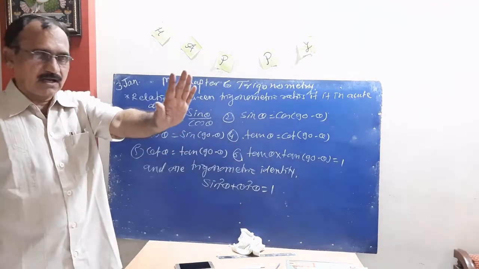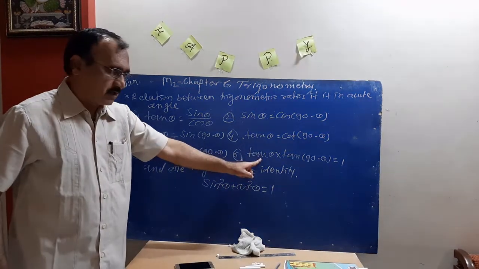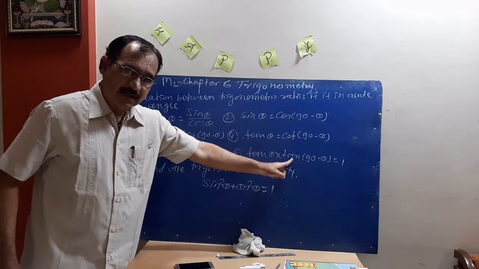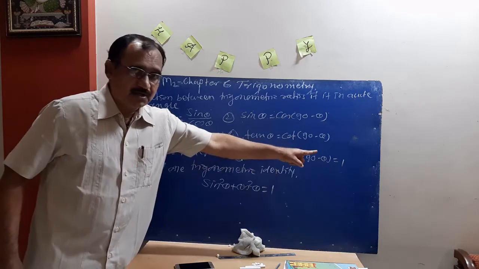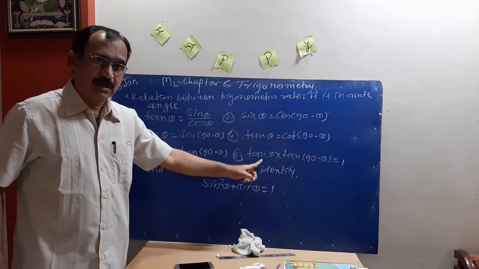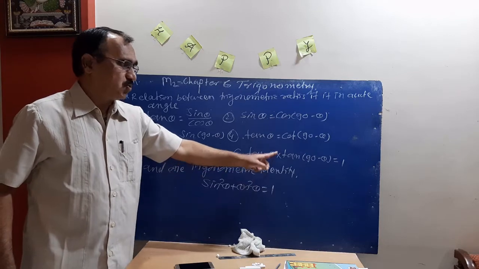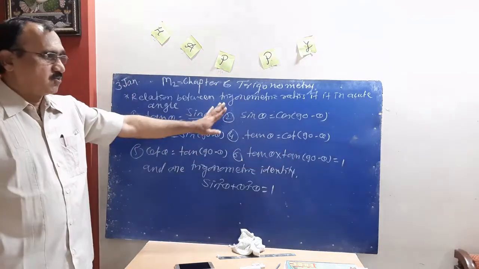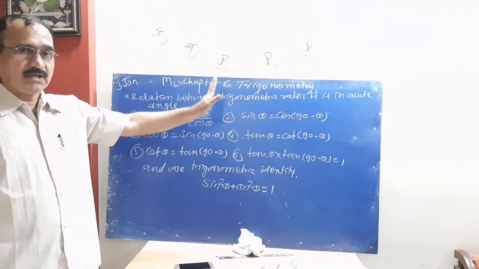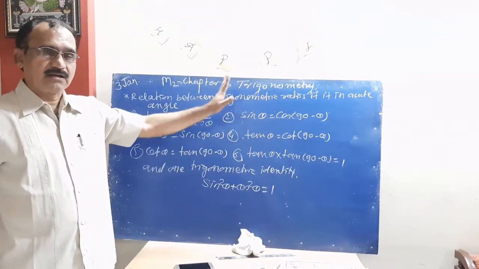Draw any right angle triangle, write the ratio of tan theta, write the ratio of tan 90 minus theta, multiply both ratios, everything cancels, remaining is 1. That means we can prove tan theta into tan 90 minus theta is equal to 1.